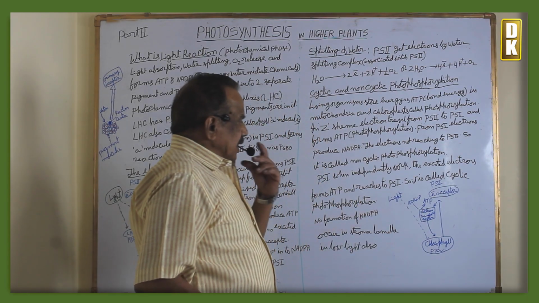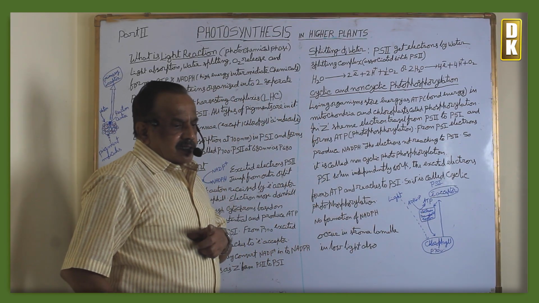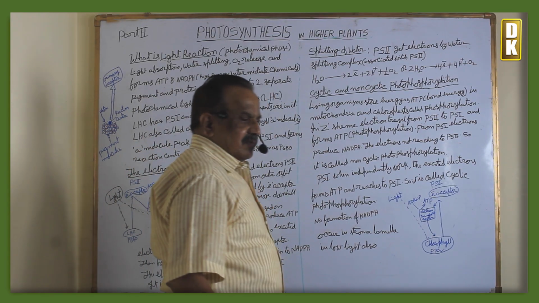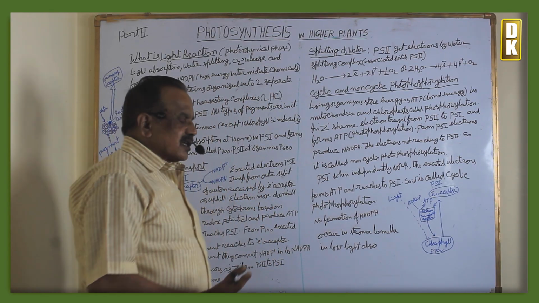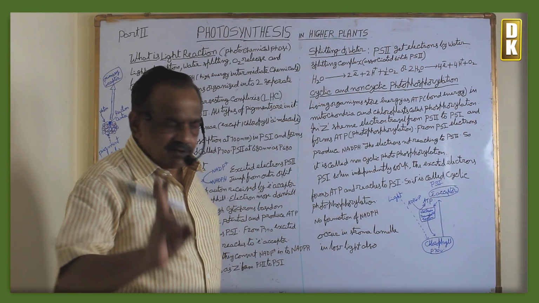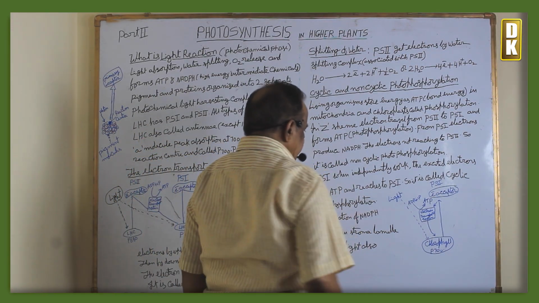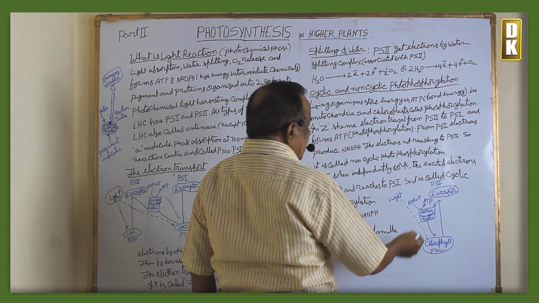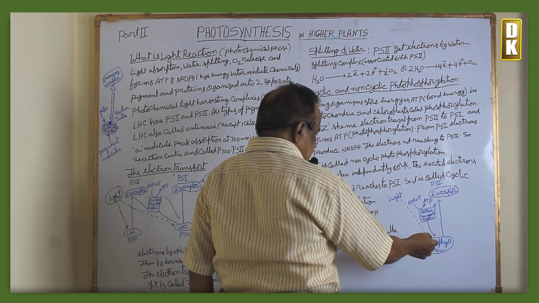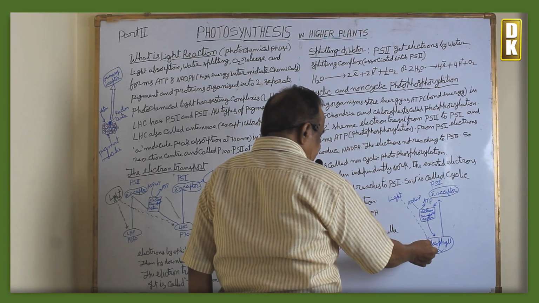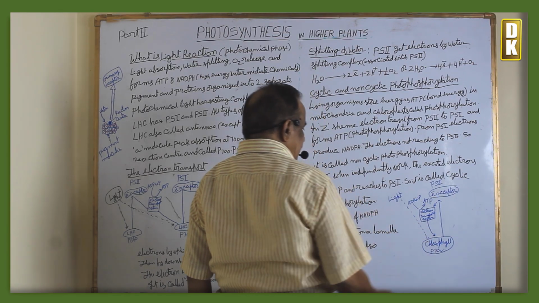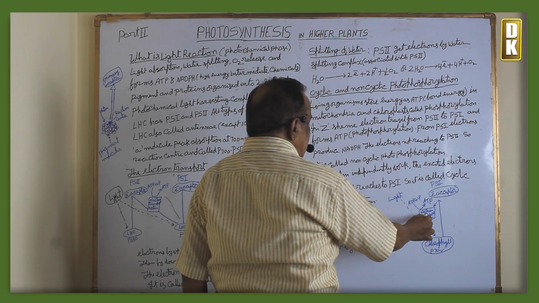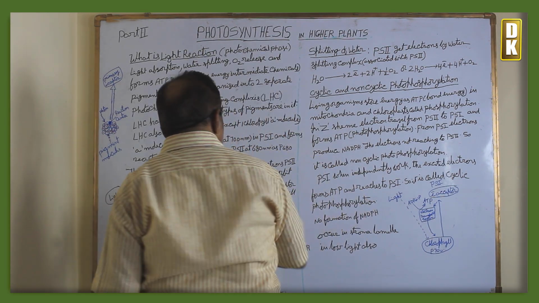Okay. Here the electrons won't have the Z scheme. If we ask in which type of electron transport in photosynthesis the Z scheme is not present, the answer is cyclic. The electron acceptor will receive the excited electrons coming from photosystem 1, that is P700, and send them to the electron transport system like this.